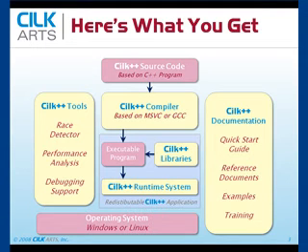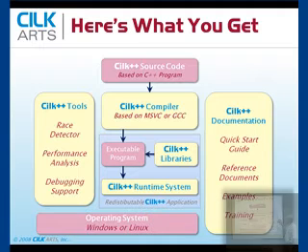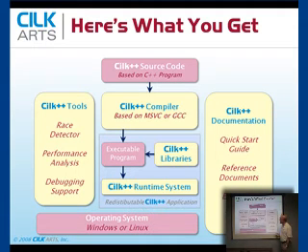When you get the Cilk++ system, it comes with the following things. You basically get some documentation, including a quick start guide, reference documents, examples, and this training, such as what you're listening to now. In addition, there is some software that you get, because it wouldn't be as good just to get documentation without the software.